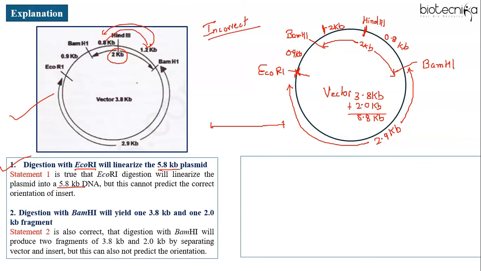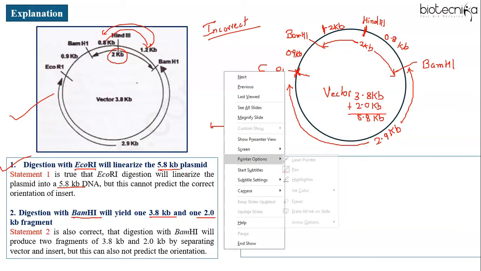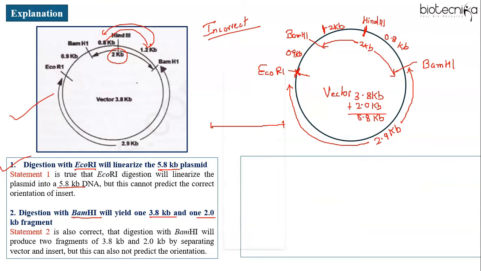Then statement 2, digestion with BamH1 will yield one 3.8 kb and one 2.0 kb fragment. So let me use another ink. If we cut the vector from here, two BamH1 sites are there, we should get one fragment from here to here.